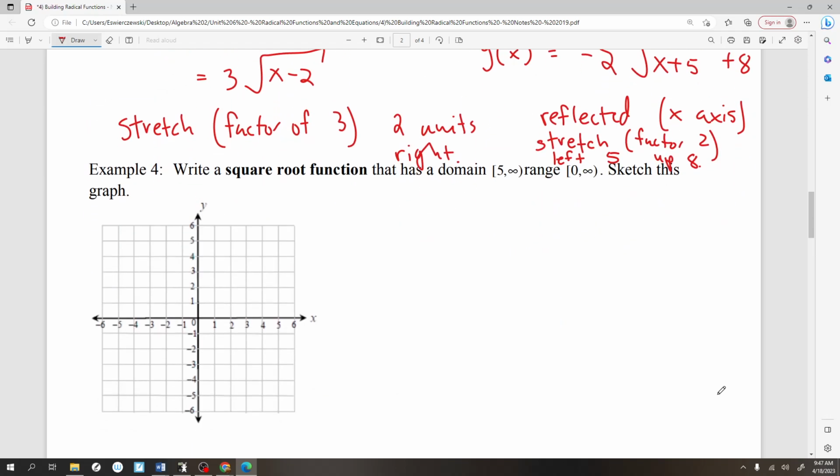Okay, now it says write a square root function that has a domain of 5 to infinity and a range of 0 to infinity. So that would mean that maybe this function looks something like that.